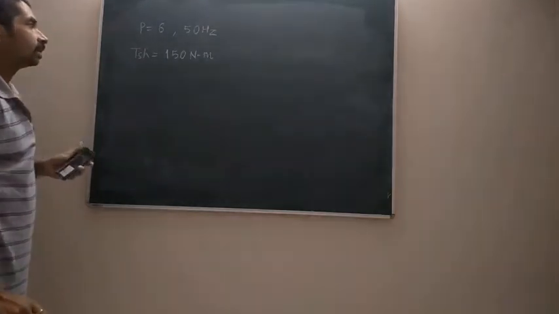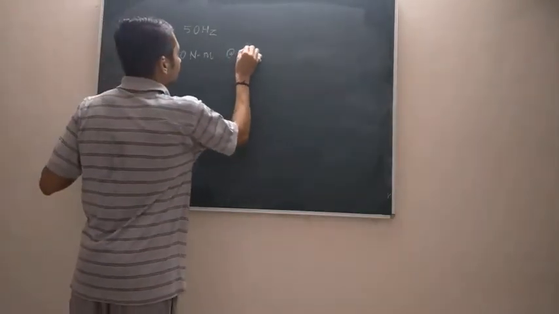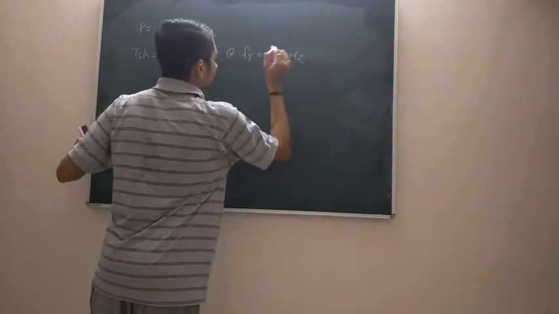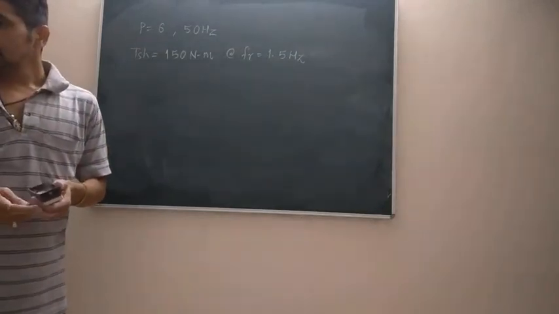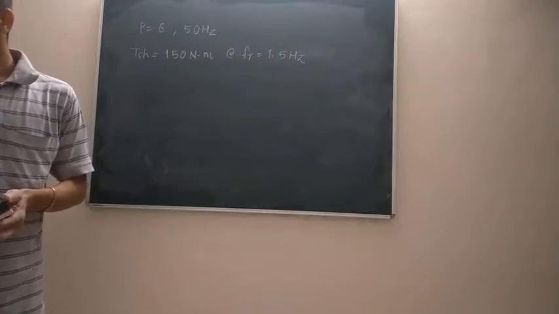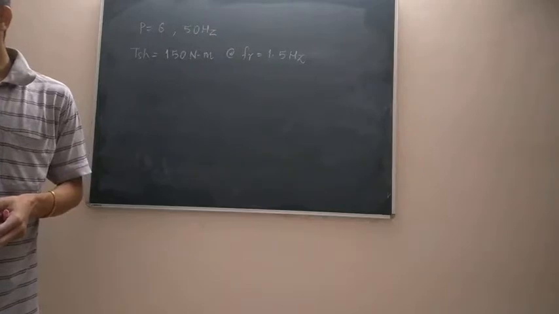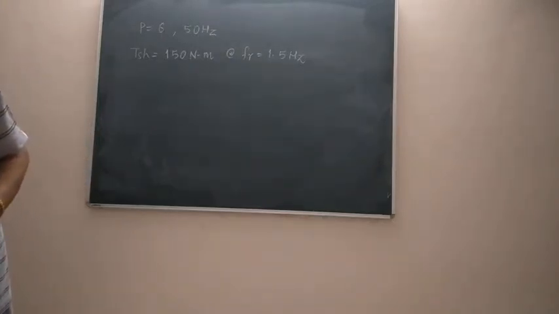And this amount of torque is getting developed at a rotor frequency of 1.5 Hz. Calculate the shaft power if the mechanical torque lost in friction is 10 Newton meter. Now they are asking us to calculate the shaft power from this much information.